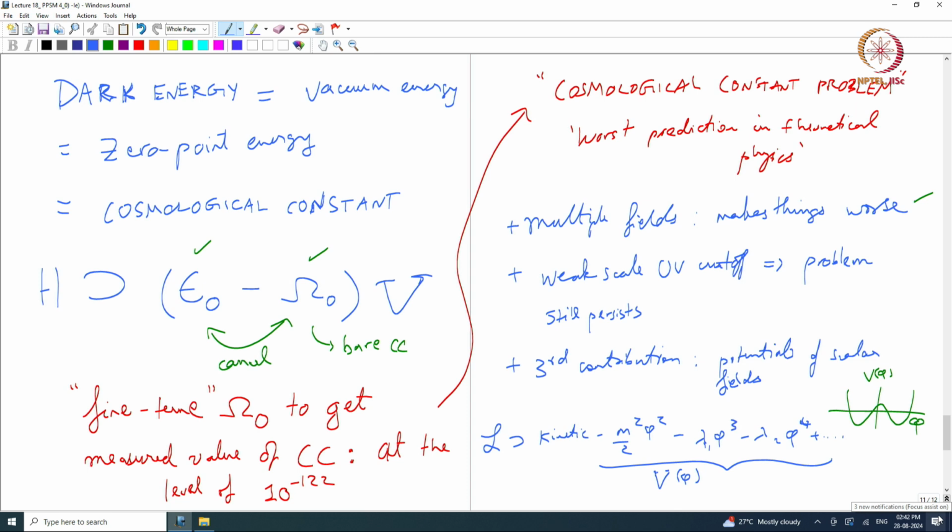There was no way to get away from this, because even though you have some other free parameters, you have to fine tune them up to hundreds of decimal places in order to cancel them against what you are calculating as a zero point energy to get the measured value. So it is an extreme fine tuning problem.